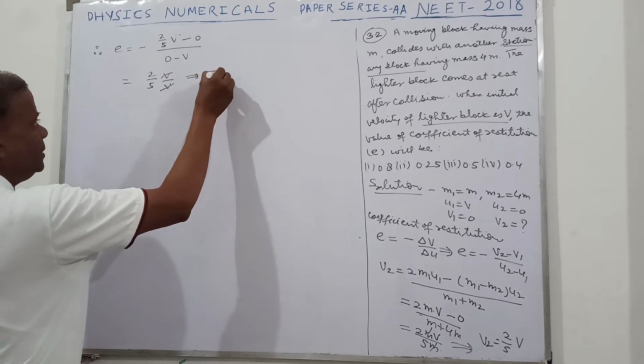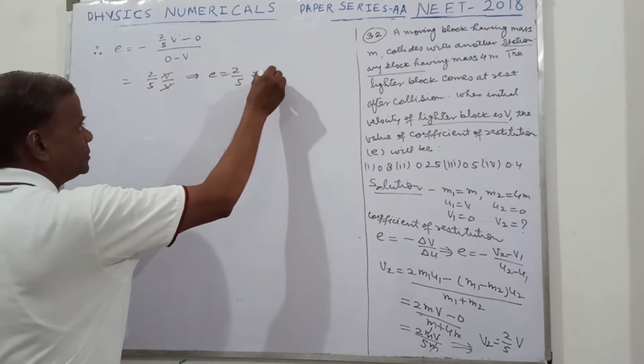So from here E equal to 2 by 5, or this is equal to 0.4.